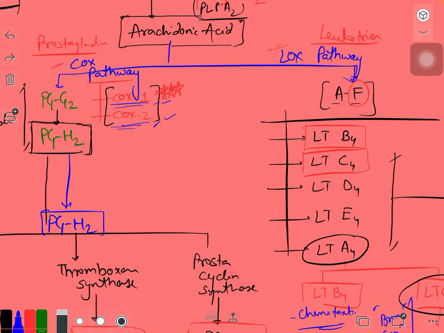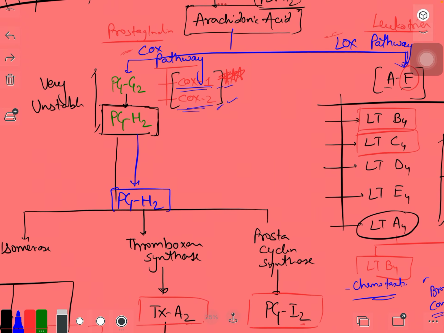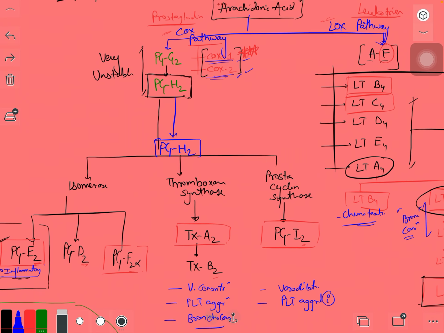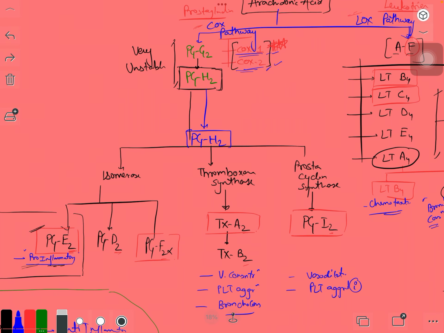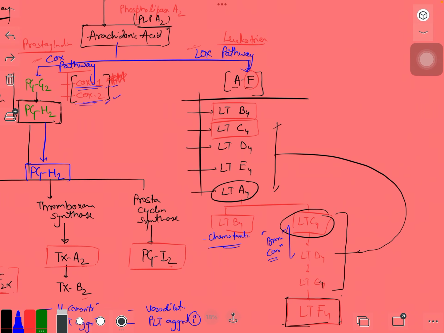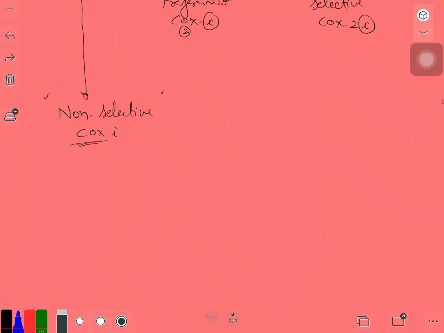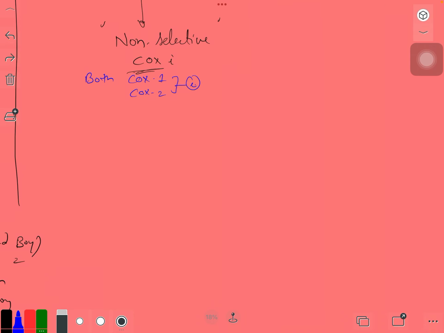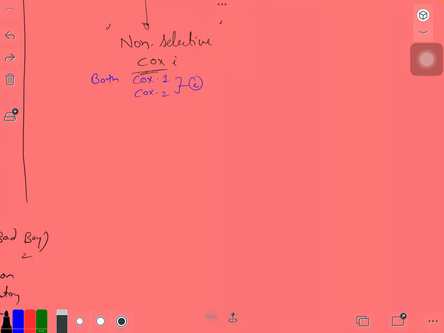And when it targets both, it completely shuts down the COX pathway. So there will be no to very little PGE2, D2, F2 alpha, thromboxane A2 and I2. However, there will still be production of leukotrienes in this pathway. So non-selective means both COX1 and COX2 are inhibited. This is a big category.